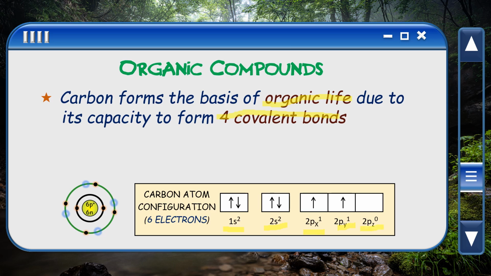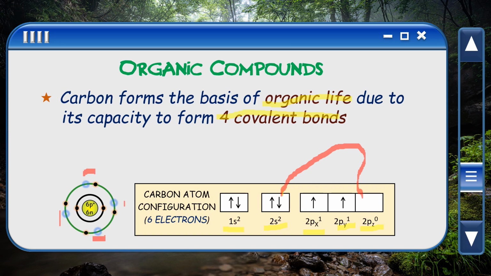So if we get 1 electron from the 2s and we fill the 2pz, that means it will be having 4 electrons which are not paired.